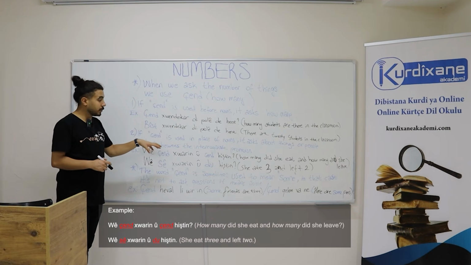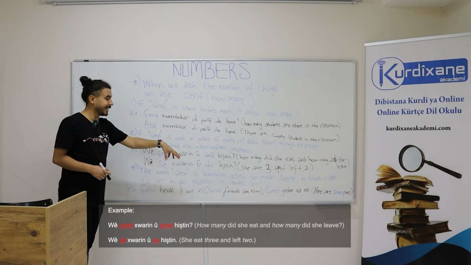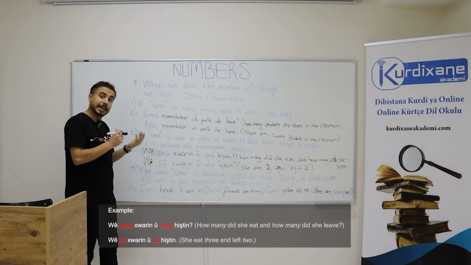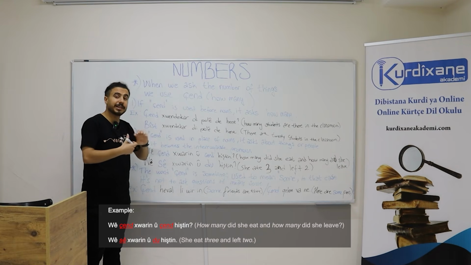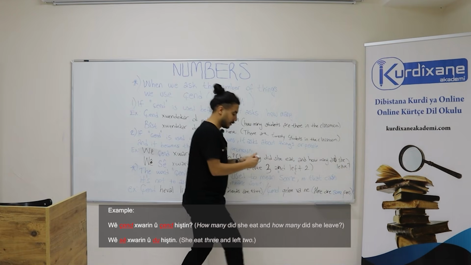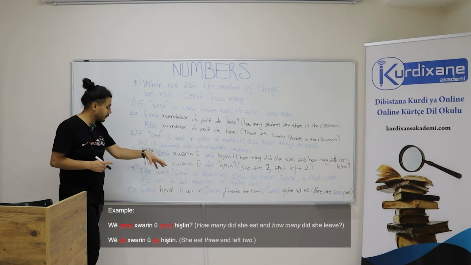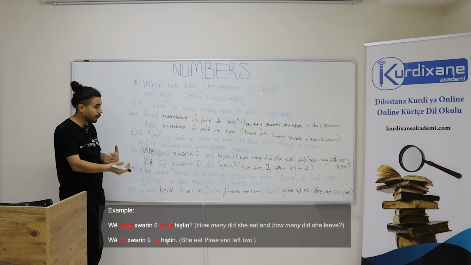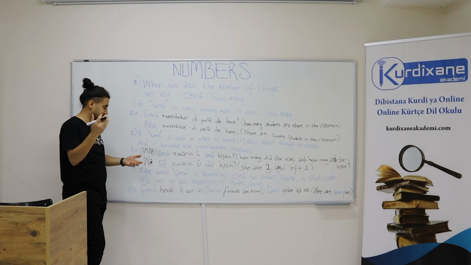We chend khwarin o chend hishtin. It means how many did she eat and how many did she leave? Let's forget the question mark here. So it is used instead of, like, let's say, we chend sev khwarin u chend sev hishtin. This is just like an example.